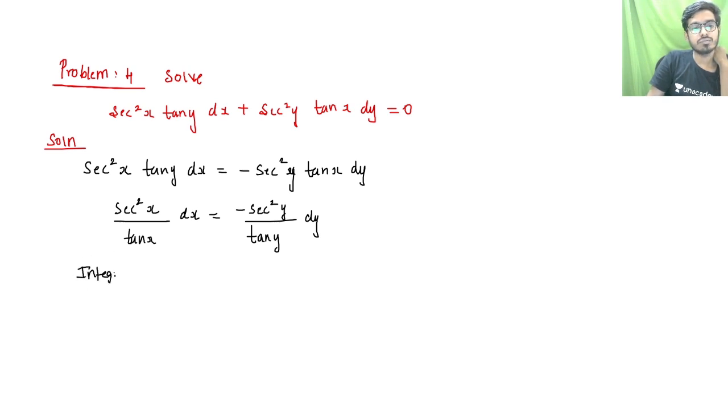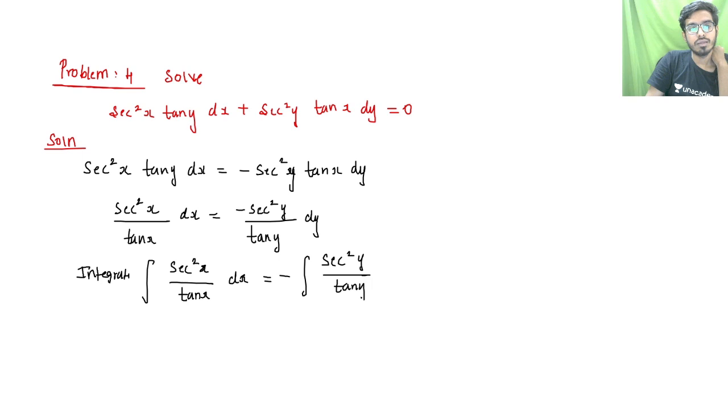Now integrate, so we will have integration of secant square x by tan x dx and here we have minus integration of secant square y divided by tan y dy. Now we know the formula that integral f dash of x by f of x is log of f of x.